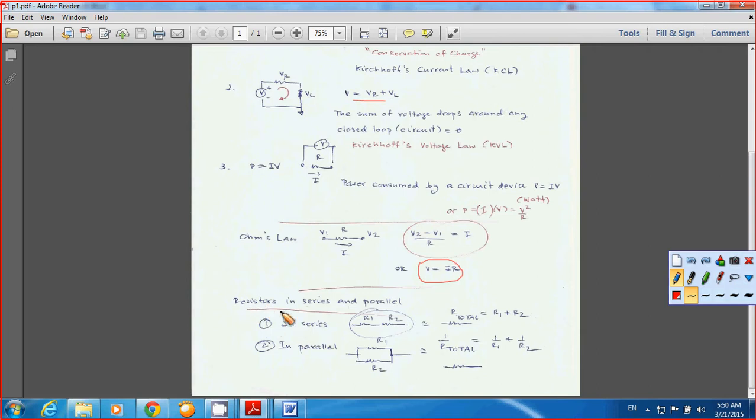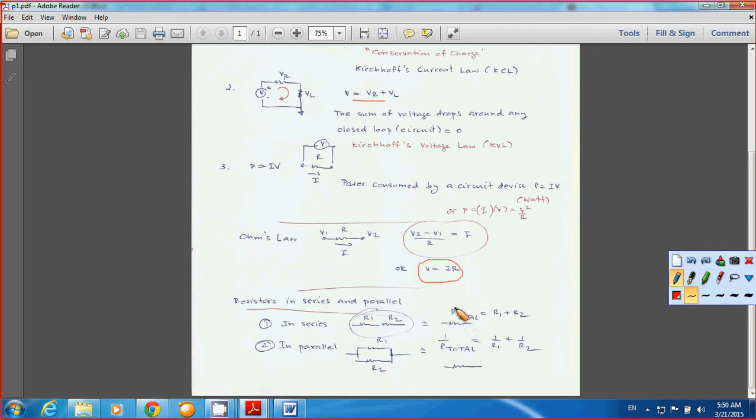Now let's take a look at resistors in series and parallel. When you connect resistors in series, R total is R1 plus R2 plus R3 and so on, plus Rn.